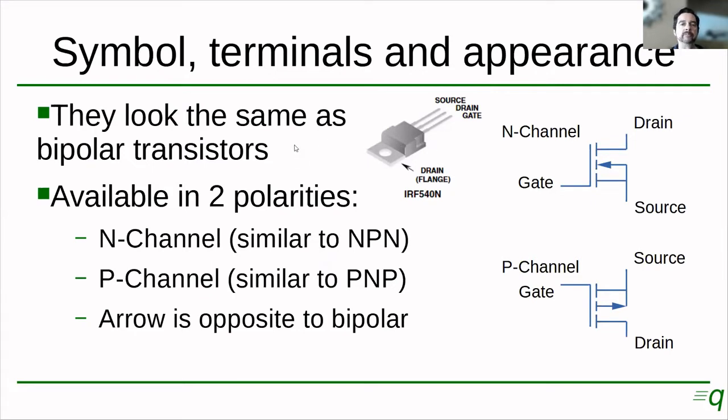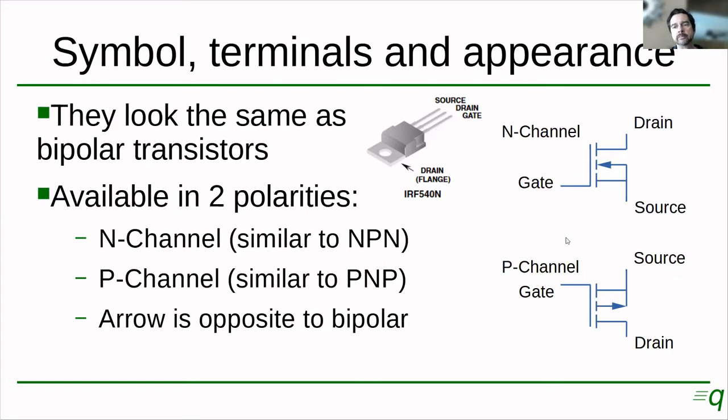The same as bipolar transistors were available in NPN and PNP polarities, the MOSFETs are available in N-channel and P-channel, right? So this is the symbol on the top, the symbol of an N-channel MOSFET. This is roughly equivalent to an NPN transistor, okay? We're going to study the differences in a few minutes.